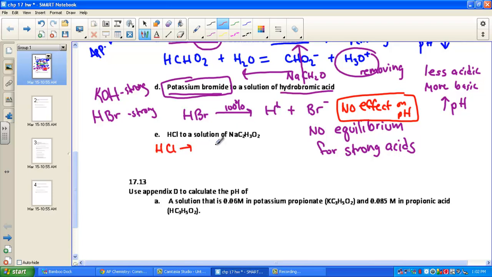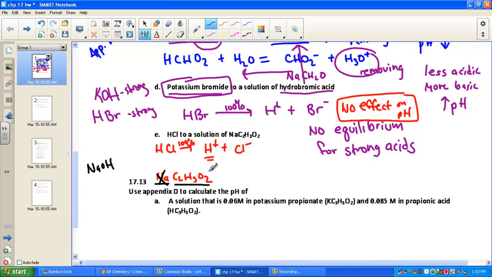Here I have HCl, strong acid. Let me just kind of work this through. So 100% of this is going to dissociate. Strong electrolyte, 100% dissociation. So I have a pretty strong acid. This is definitely going to affect the pH to where it's in acidic range. Sodium acetate is the salt. Now I recognize this parent as a strong base, so no effect on pH.